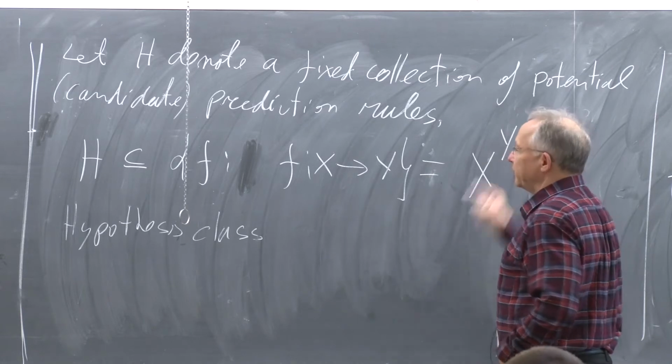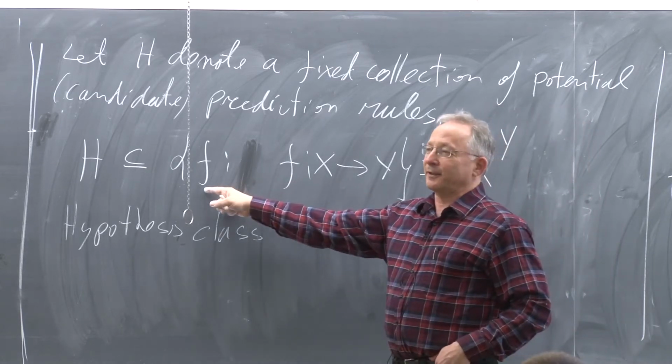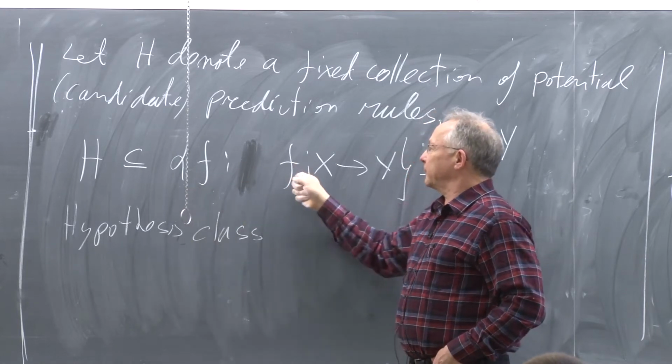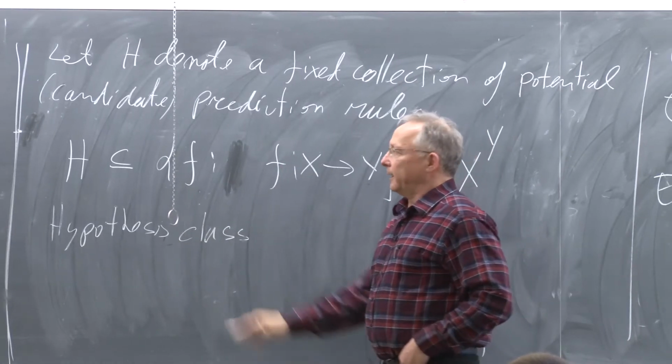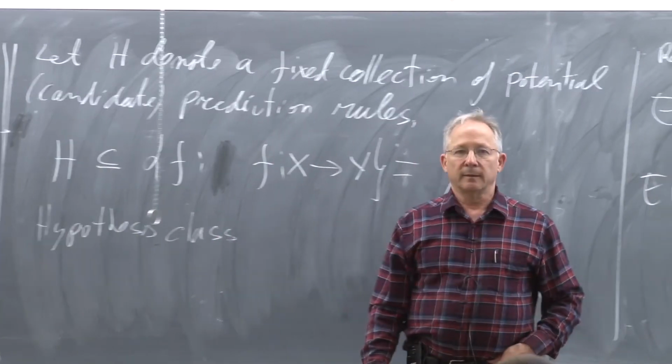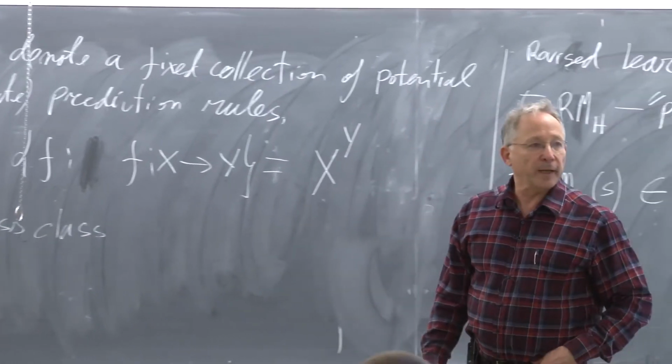But to save you this notation, I was trying to use this notation in the hope that it's more clear. But OK, it's the set of all functions that go from X to Y. And H is just a subset of this.